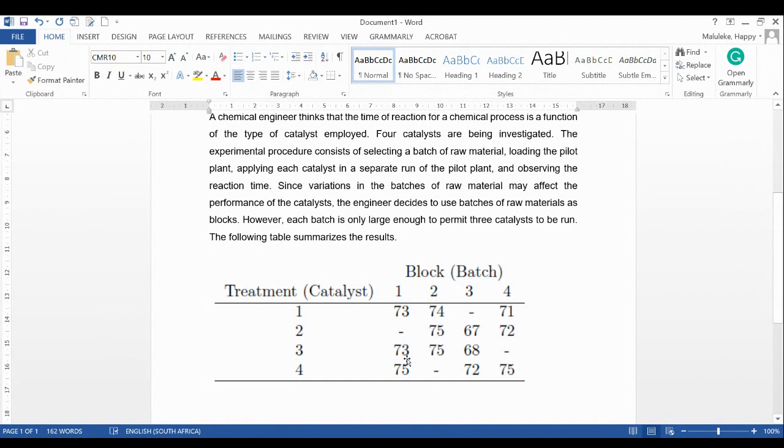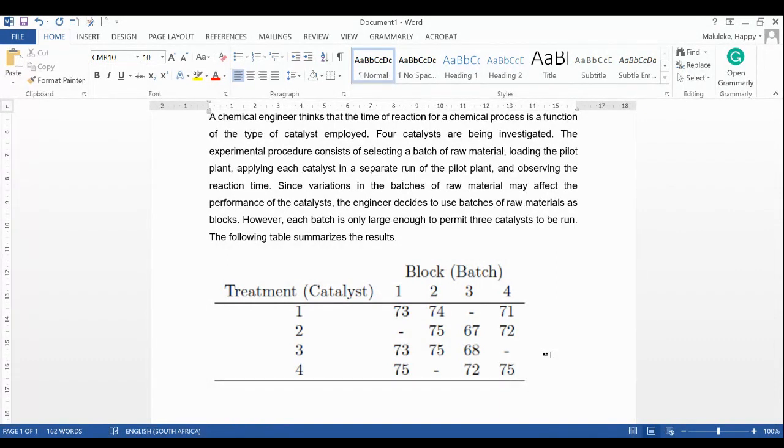And then again in each block, treatments are appearing 3 times, which means the number of blocks r is equal to k. We know what r is, we know what k is. For those who didn't attend our class last time, go and check what the meaning of r and k is.